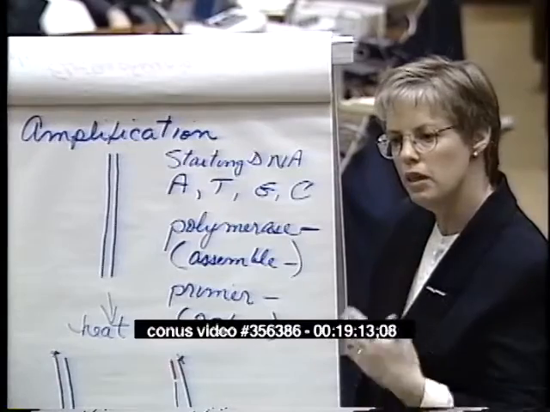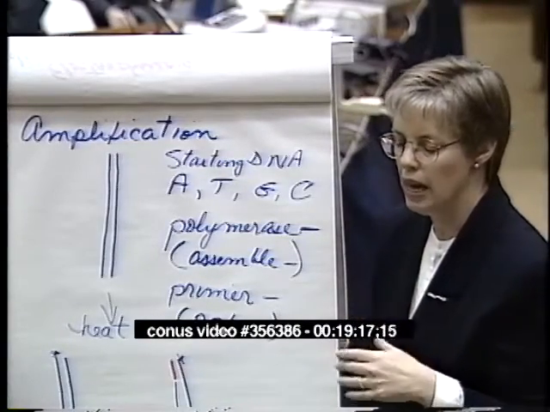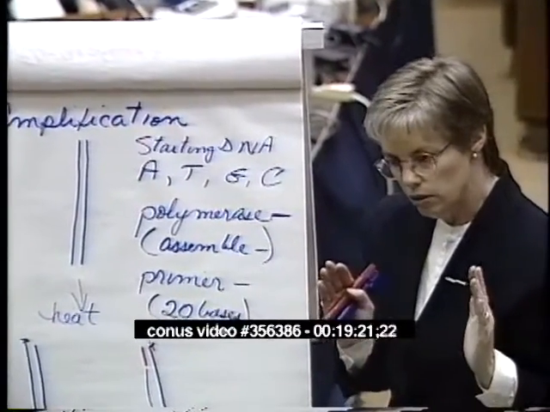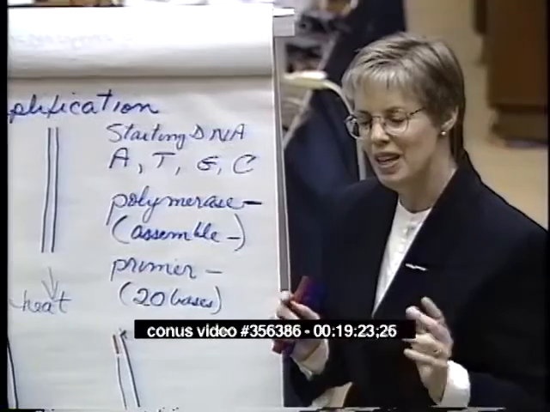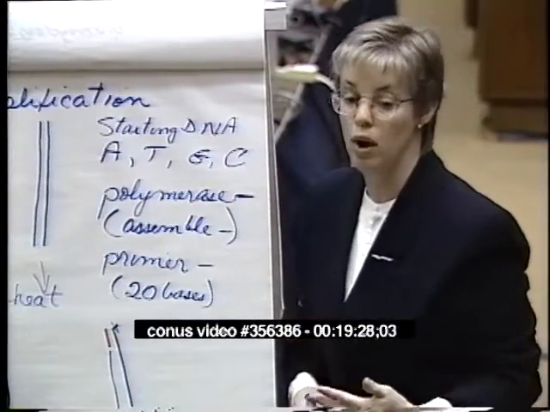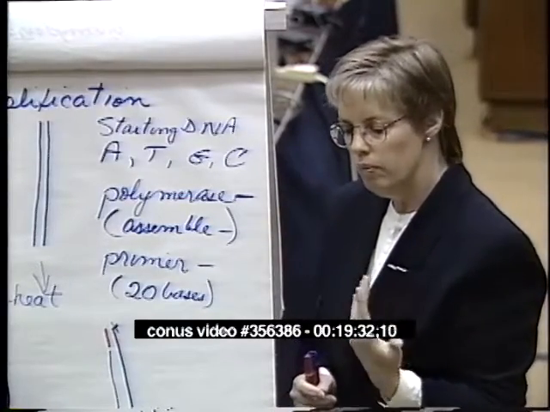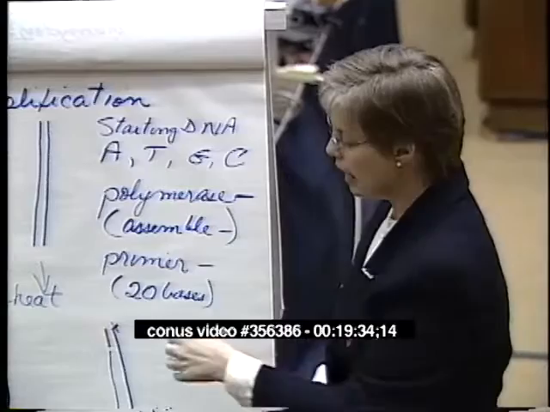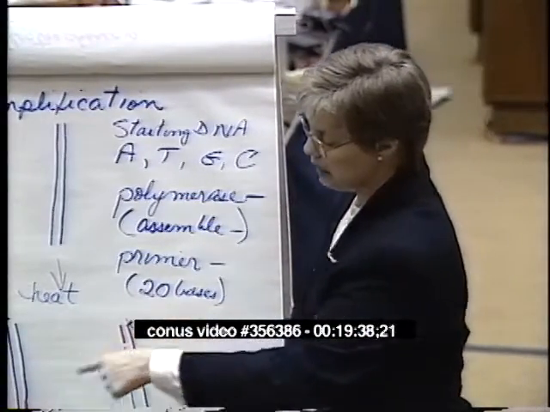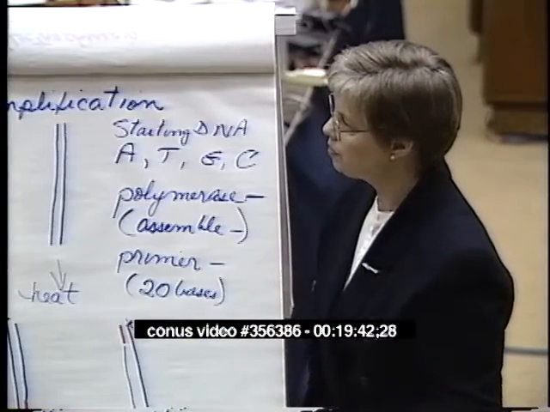There has to have been enough research and development done, but at least in the forensic setting here, you must know ahead of time the sequence of bases that exist in the piece that you want to copy. That has to be done ahead of time. Then you can manufacture in the lab the primers that have the sequence at the beginning and the end, and then you're set to go.